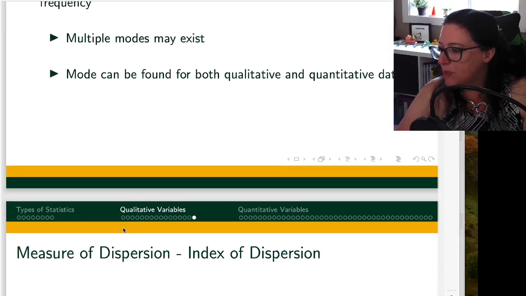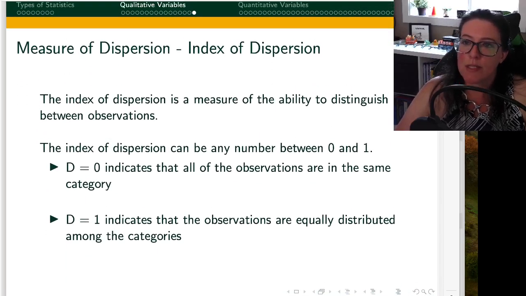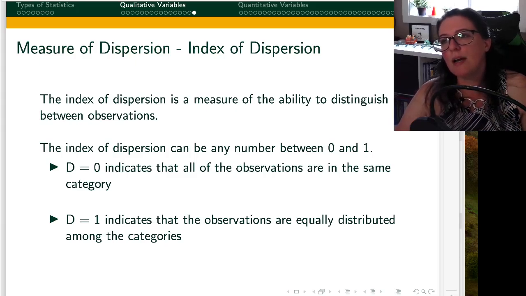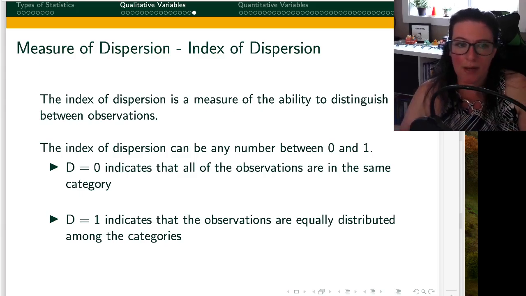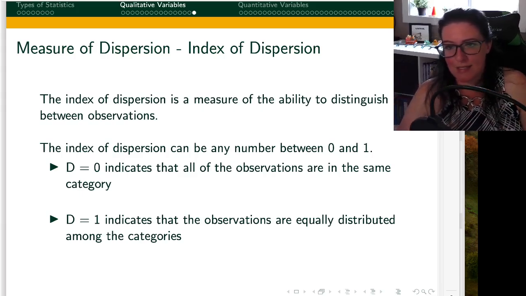Now, when it comes to variability, we talked about this previously. We use what is called the index of dispersion to look at our observations and the breakdown of the categories. So does everyone fall into one category? Did all the children pick they want to be popular, or is it equal between the three categories, 33% into each?